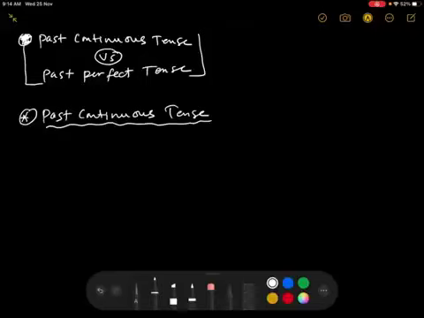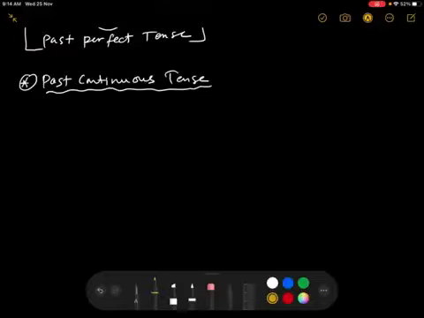Now, guys, let's talk about the past continuous tense versus the past perfect tense. We'll start with the past continuous. The past continuous, as many of us know, is used when you want to express an action that was happening at a certain point in the past.